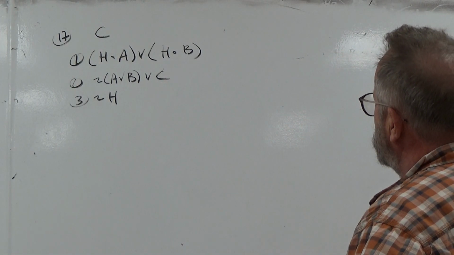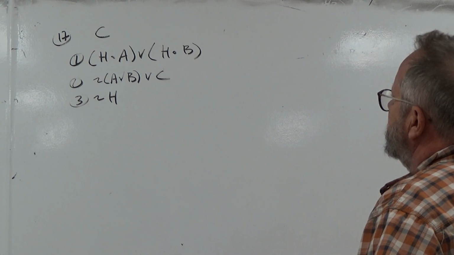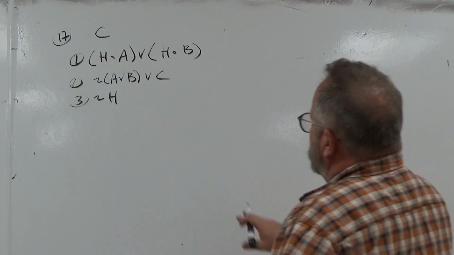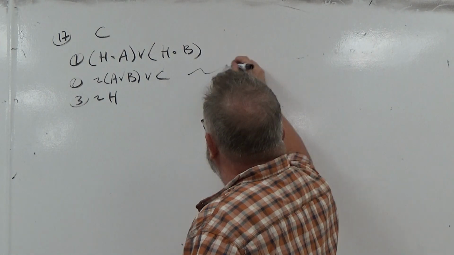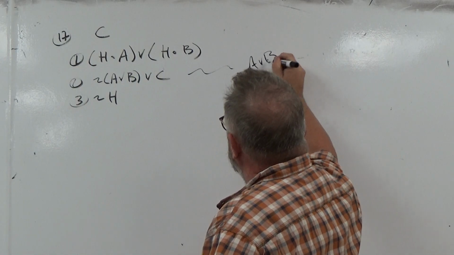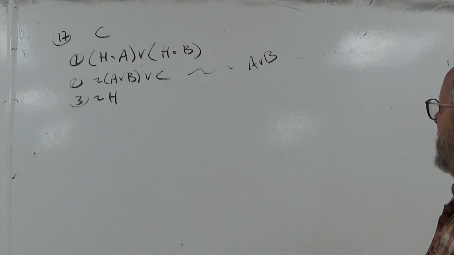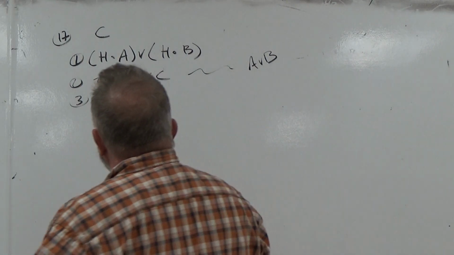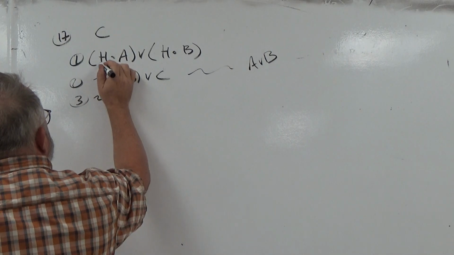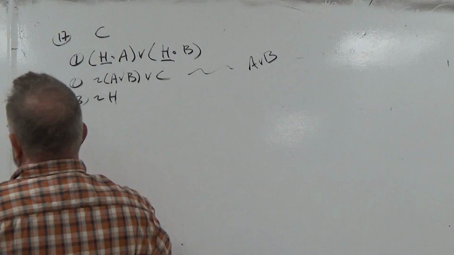We gotta get to C. Okay. So, C can be had from 2 if I end up with A or B, okay? And I don't see A or B anywhere, but notice that I have H spread across this OR.